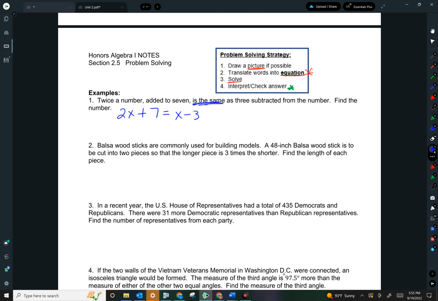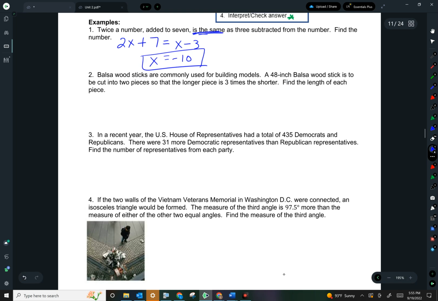So there's my equation, and now I can just solve, right? Solve for x. Wow, compared to some of the things we've done before, this is an easy solving, right? Subtract x, subtract 7. So I think the number they're looking for is -10. Okay, let's try number 2.